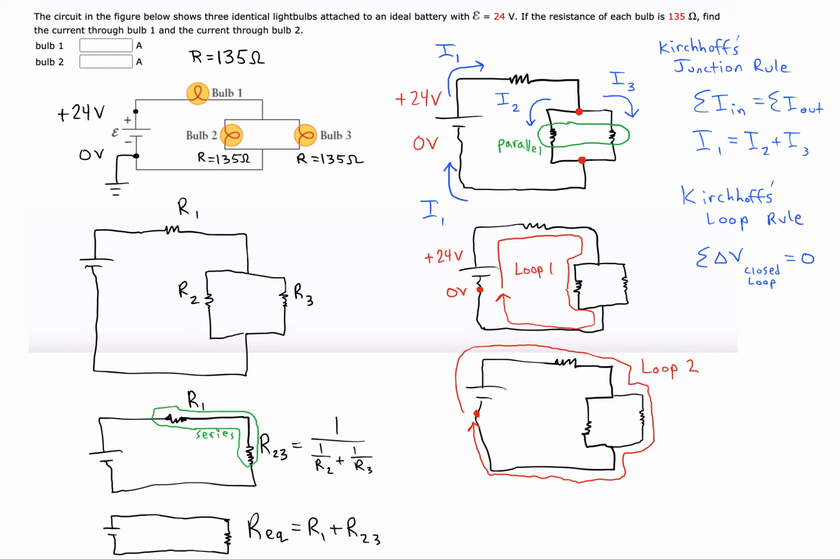Let's plug in the numbers. Each of them was 135 ohms. So we'll do 1 over 135 plus 1 over 135. I'm getting 67.5, which is half of the resistance of them individually.